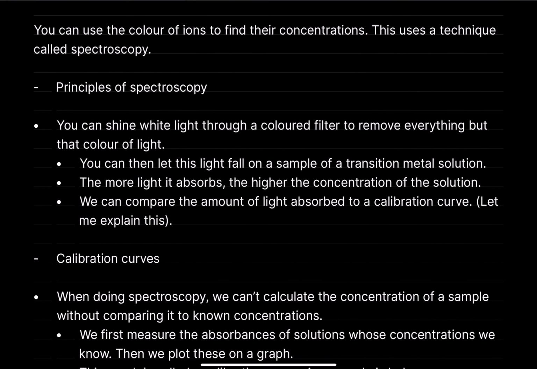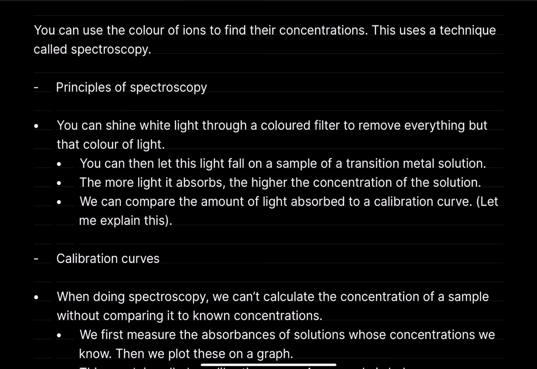So let's say our sample is copper 2 hexaaqua, or copper 2 plus. I just know that one off the top of my head, that absorbs yellow light. So in that example you use the yellow light filter to remove everything but that color of light, and you can then let the light fall onto a sample.